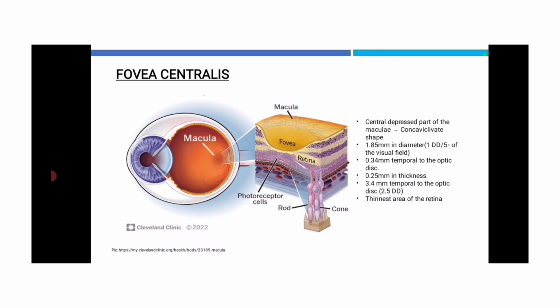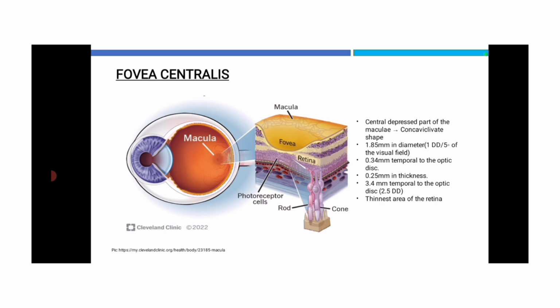The layers that are present in the fovea are the retinal pigment epithelium, the photoreceptors, the external limiting membrane, the outer nuclear layer, which contains the nuclei of the cone cells, the inner fibers of the photoreceptors, which we call Henle's fiber layer, and the internal limiting membrane. Now mind you, the photoreceptor layer consists of two types of cells, the rods and the cones.